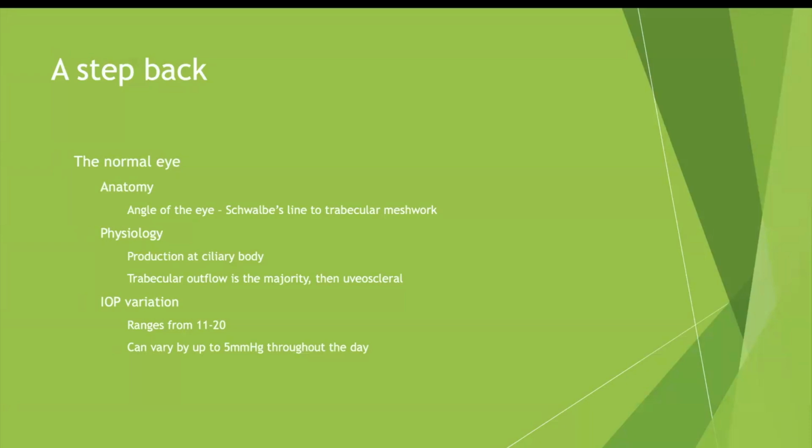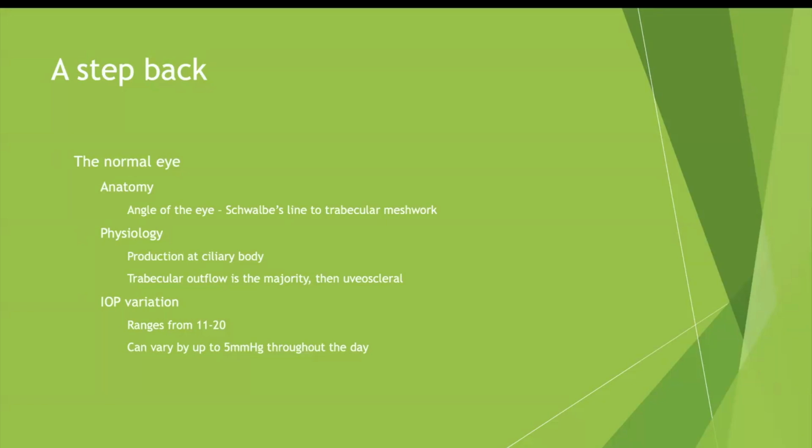Generally, your production of aqueous is from the ciliary body behind the iris, and most of that leaves the eye through the trabecular meshwork, and then about, depending on what you read, 20 to 30% will leave through the uveoscleral route. So a lot of the targets are either at the uveoscleral route or the trabecular outflow, and the surgical options that you have can also target two different routes, either by creating a new channel or by trying to supplement the channels that already exist.